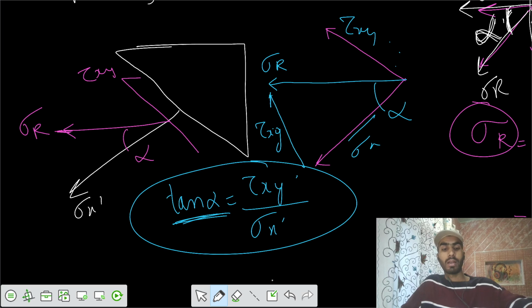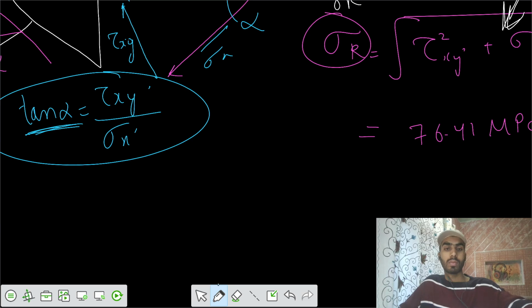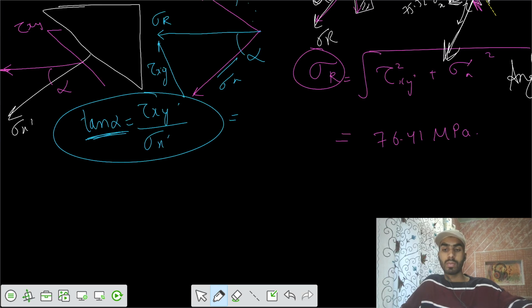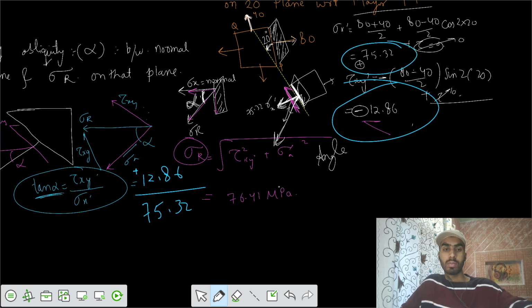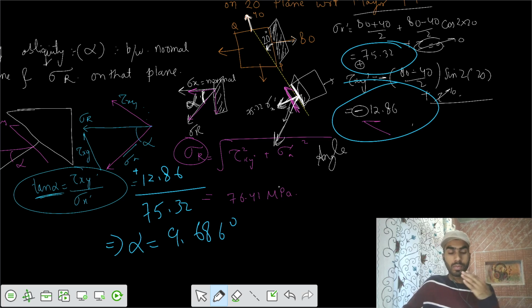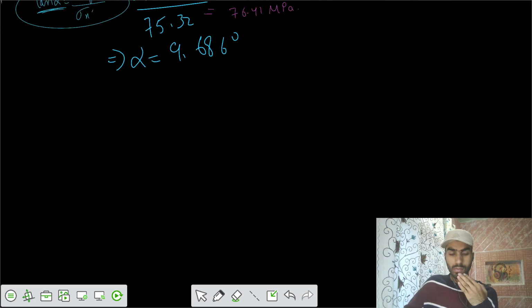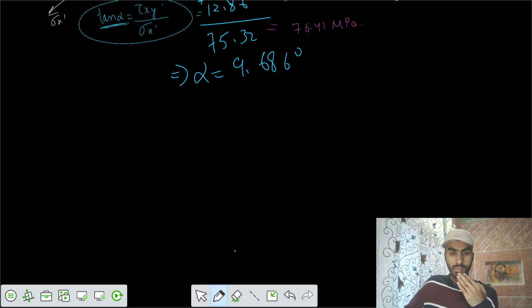So we can get the value of alpha now, and it equals 9.686 degrees. So we got the alpha.